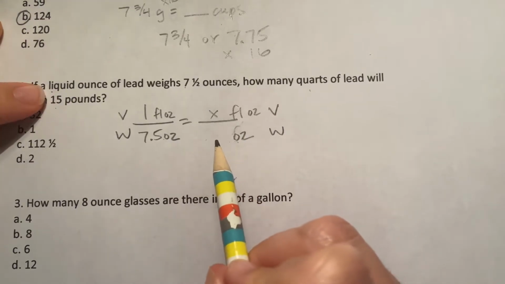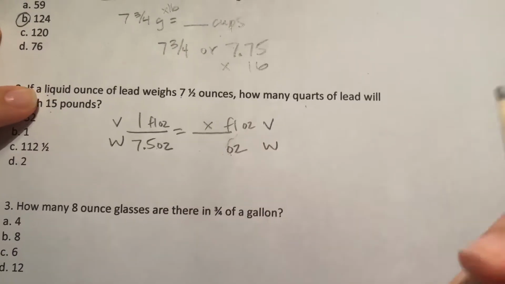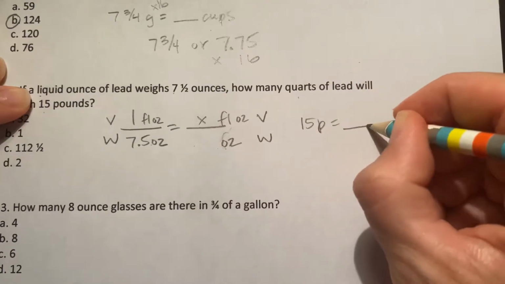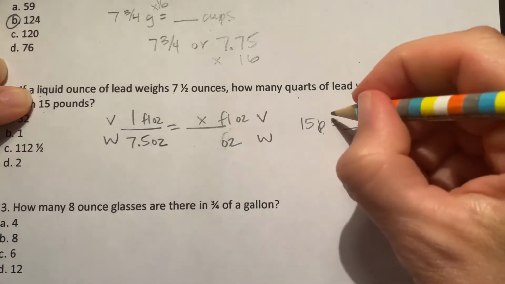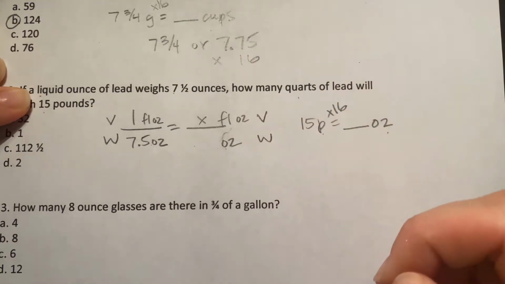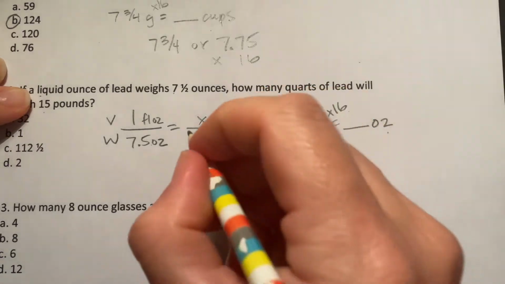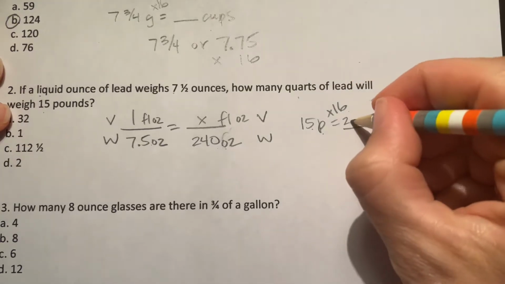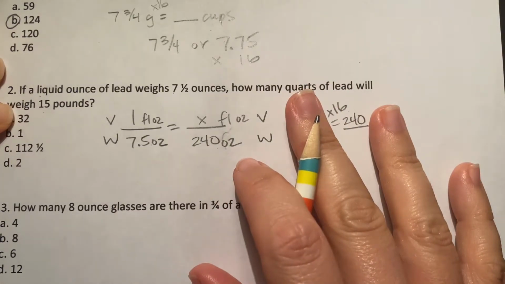So the first thing I need to do is figure out how many ounces are in 15 pounds. 15 pounds equals how many ounces? So big to small, multiply all. There are 16 ounces in a pound. So 15 times 16 gives you 240 ounces. All right, now I've got my proportion set up.